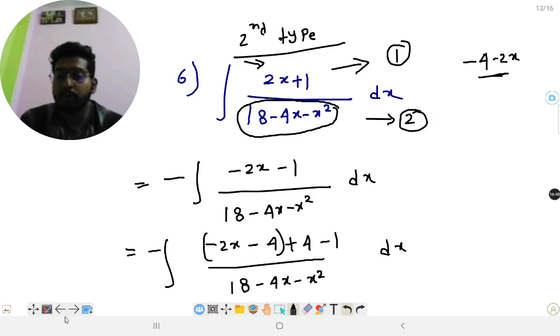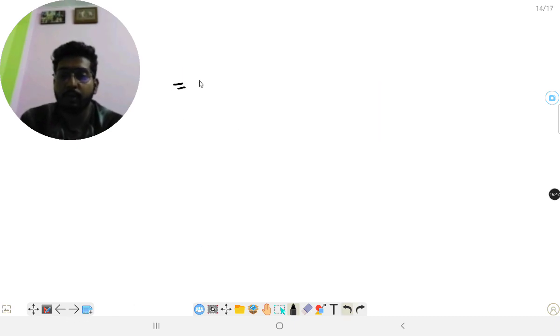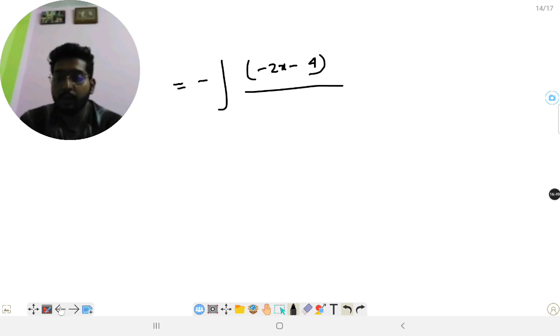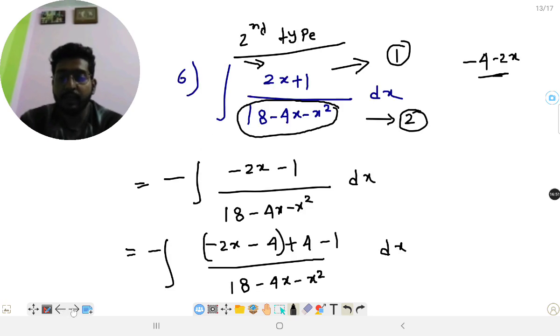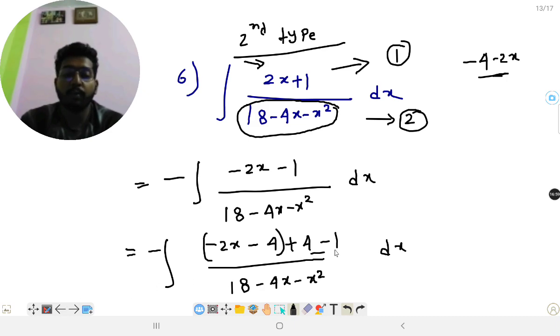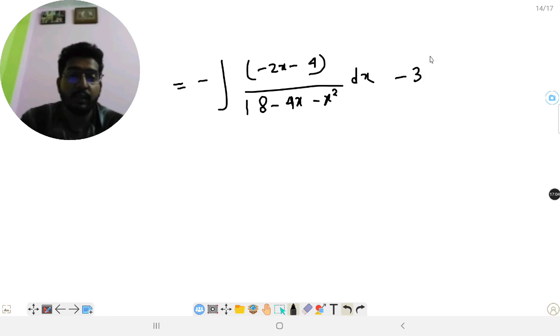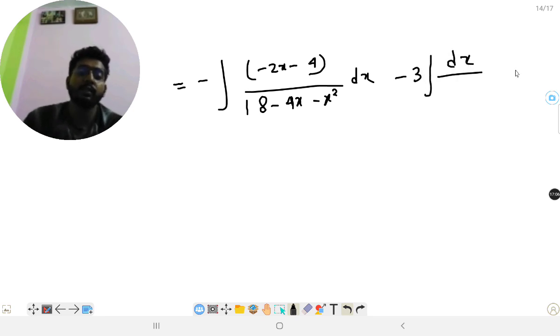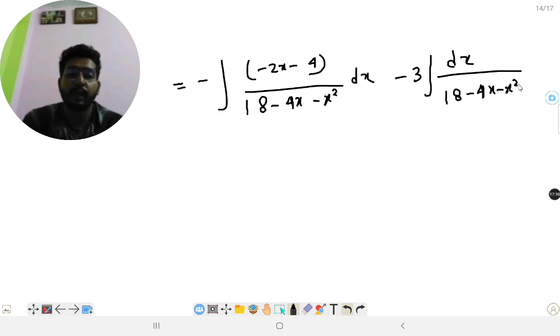Now separate this one, so that will become like this, minus integration of (minus 2x minus 4) divided by (18 minus 4x minus x square) dx. And here it will be 4 minus 1 is 3 and there is a minus, so that will be minus 3 integration of dx by (18 minus 4x minus x square).